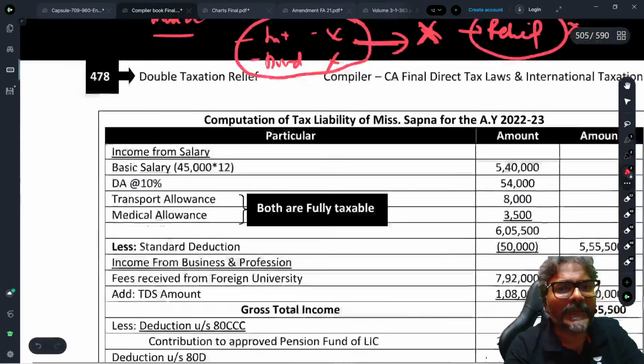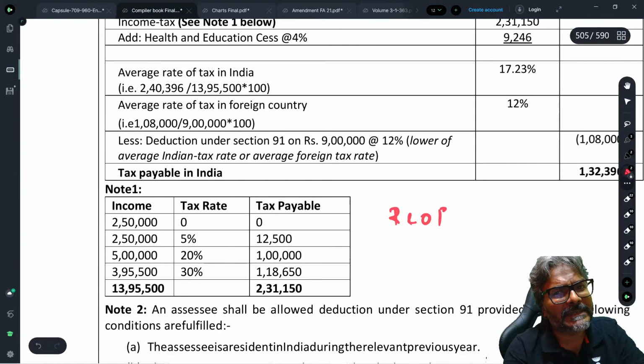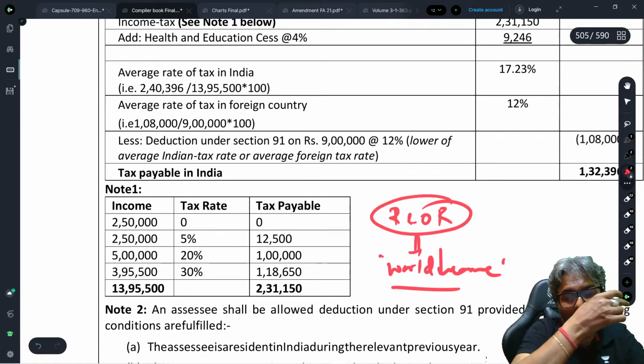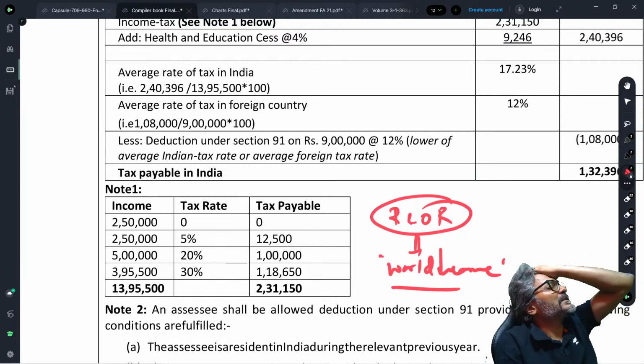Now, apart from that, students, generally the question would be of RN/OR itself. And if it is RN/OR, then the world income is taxable. And if the world income is taxable, then all the foreign income will be taxable in India. So the foreign income, students, just be very careful.